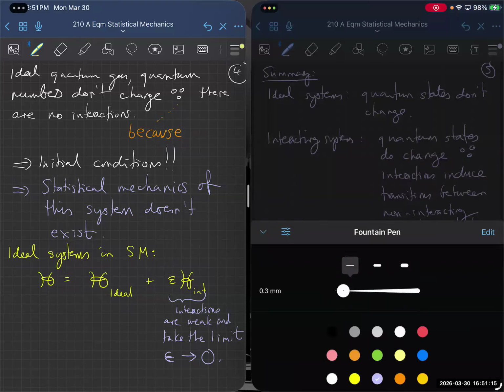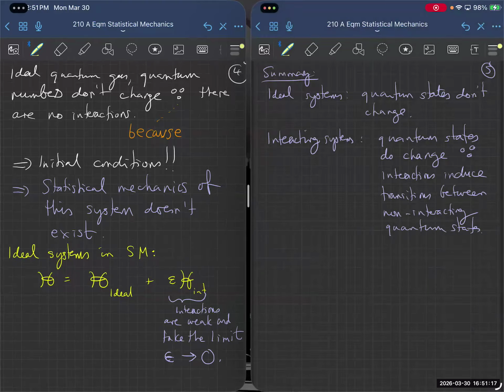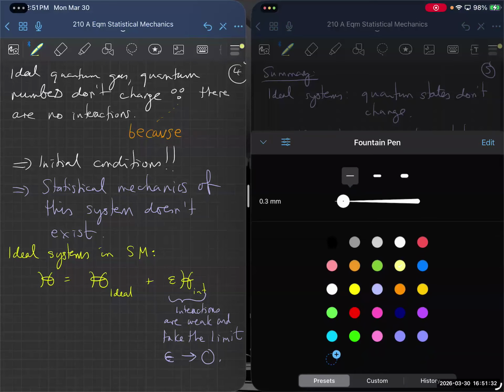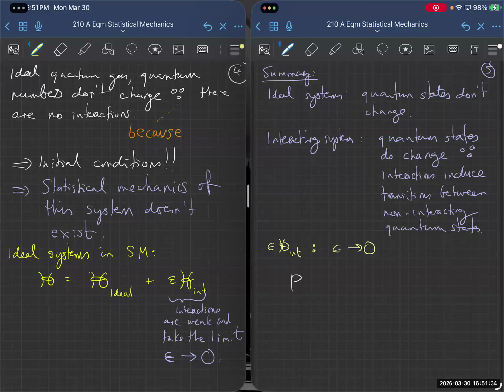And then if I make the epsilon times the interaction Hamiltonian, if I include that, and take the limit epsilon goes to 0, then what we will find is that there is a probability distribution for the occupation numbers.